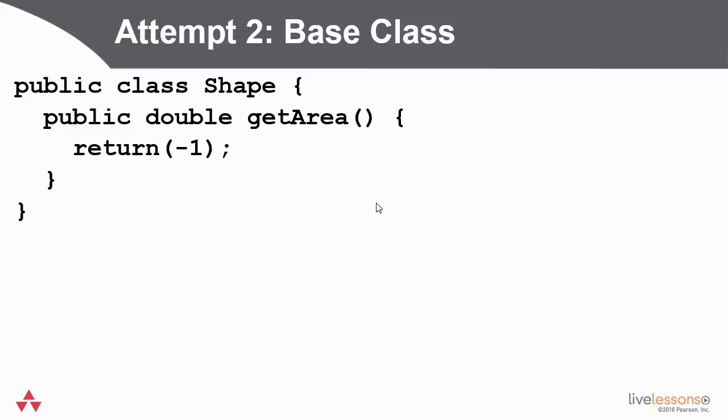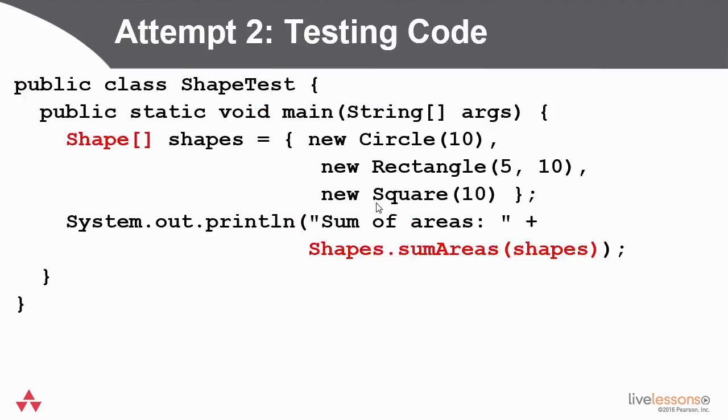It wasn't kind of a real thing that we were looking at. It's kind of an abstract concept. And since shape is a normal class, you're allowed to call new on it, and you kind of want to prevent that. So you want to be able to say that the array is of type shape, but you don't want to be able to say that any individual objects are directly of type shape, only indirectly of type shape.